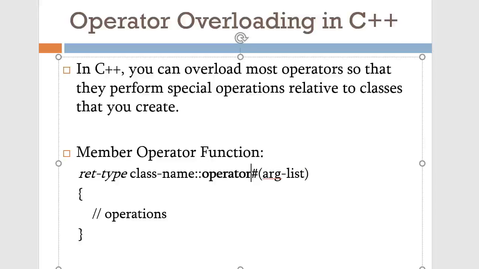You have to specify this operator keyword when you are overloading an operator, and then the hash sign indicates the specific operator. It can be plus, minus, increment, decrement, or any other operator. Then you specify the argument list, and the rest is similar to a function. So this is how a member operator function is defined.